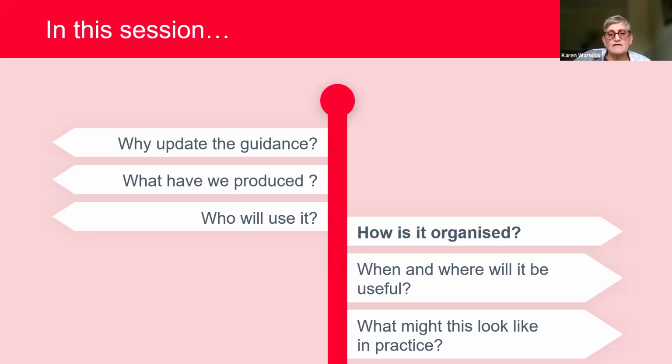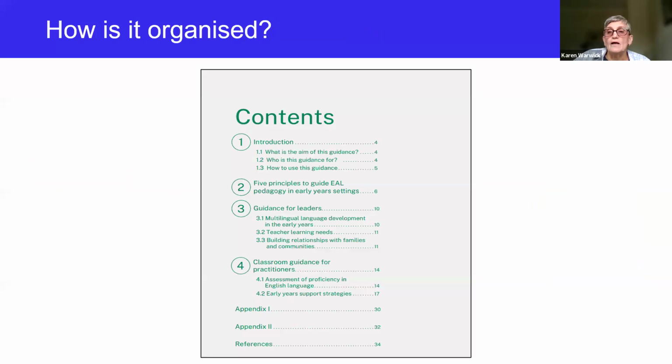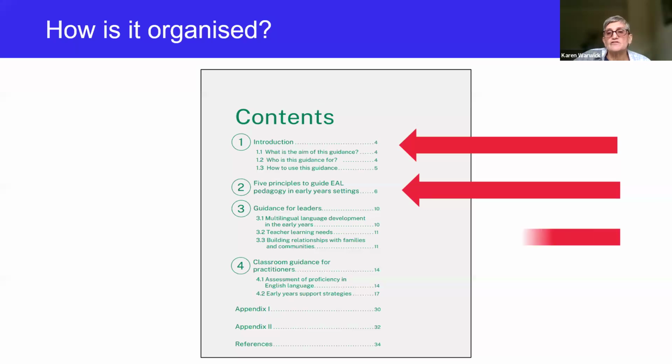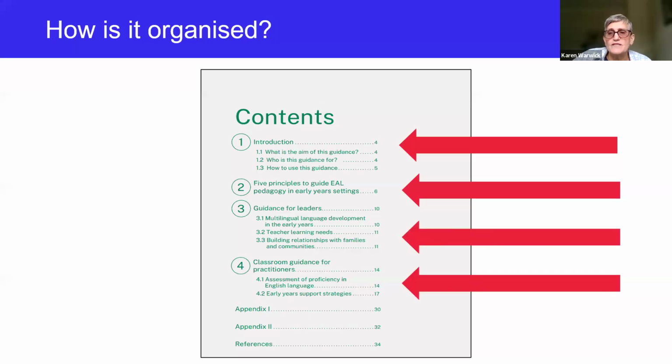So we'll dive a little deeper now into how the document is organised for you. As before, there is one document, and as you can see in the screenshot of the contents here, there are 4 sections in the document. I'll just quickly signpost you to those, and at the end there's also Appendix 1 and Appendix 2, which we'll talk about a little bit later, but those are suggested descriptors from the reading and viewing and writing descriptors in the assessment framework for bands A and B, and of course there are references.